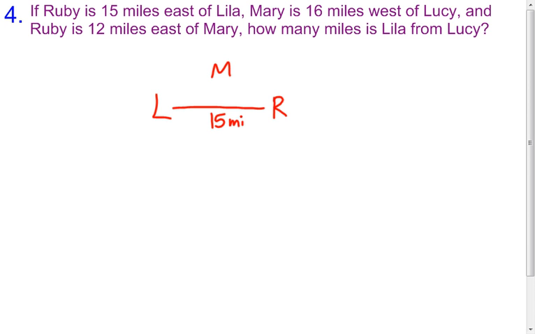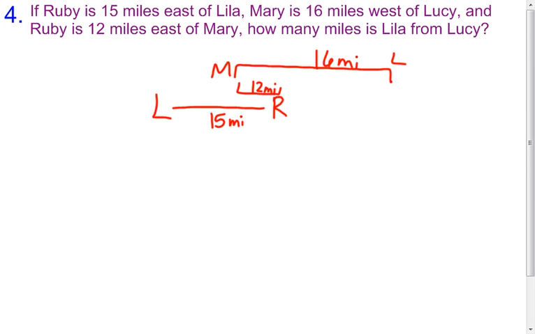So let's call this Mary, and we have Lucy down here. This is 16 miles. Ruby is 12 miles east of Mary, so this distance between Ruby and Mary is 12 miles. This is not to scale, again, and I apologize. But we can make this work.